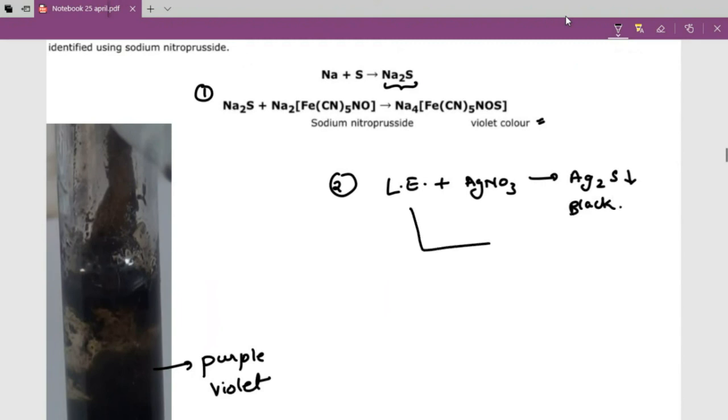Or if you add lead acetate, then black PbS will be formed. Okay. So based on whatever you add here, you will get a colored precipitate of sulfides that can also be used as a test for sulfur. I hope this is very clear.